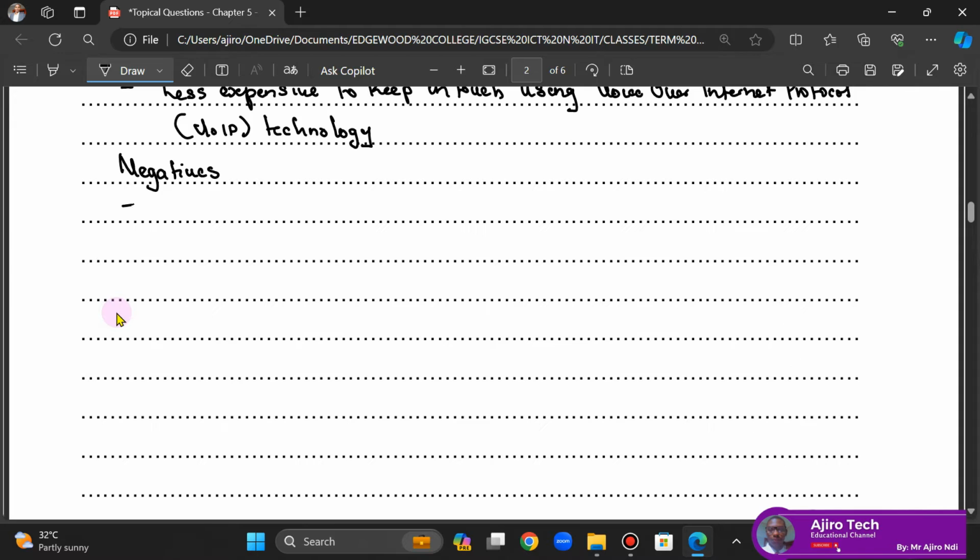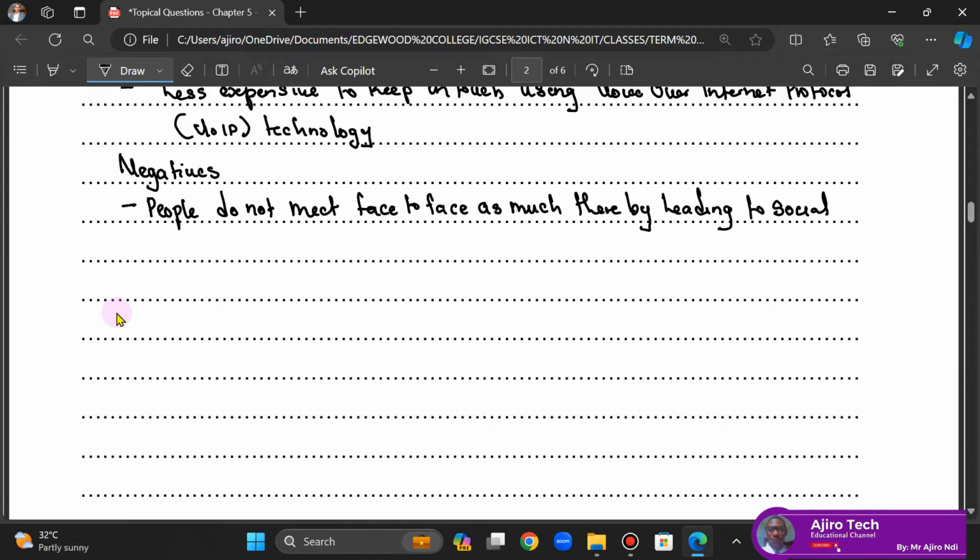And one negative is people do not meet face to face as much, thereby leading to social isolation.